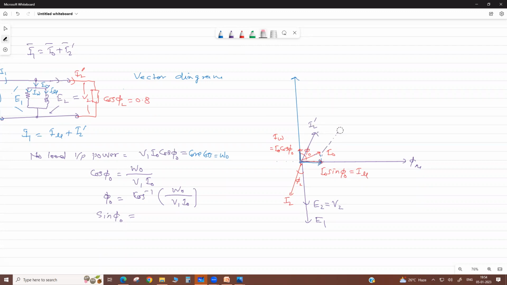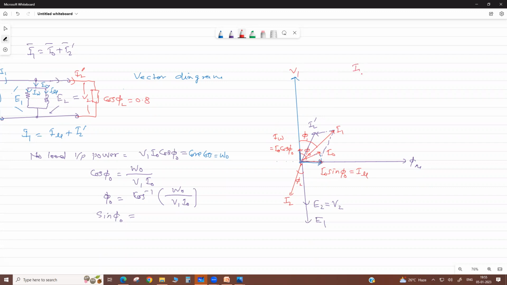The vector sum of these two currents will give you the primary current I1. The angle between V1 and I1 is phi 1.